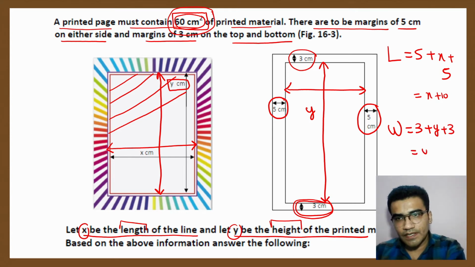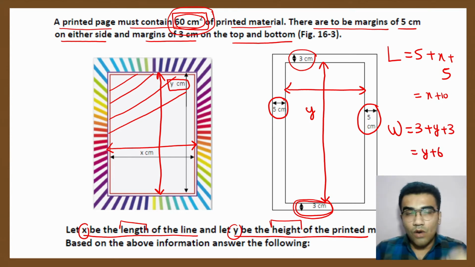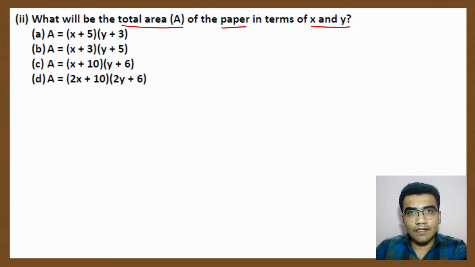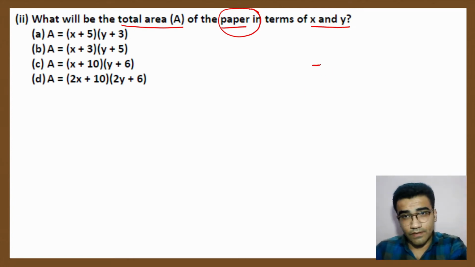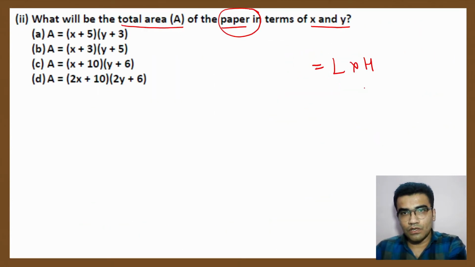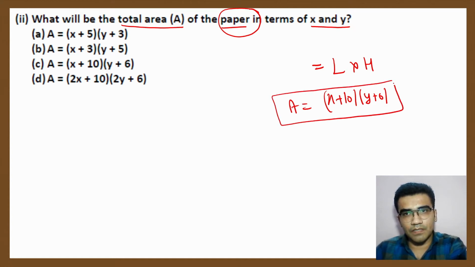In total we get y plus 6. Now the whole paper is also a rectangle, so the area of the paper is equal to capital L multiplied by capital H. Here capital H is this W, so capital L is x plus 10 and capital H is y plus 6. So the area is equal to x plus 10 multiplied by y plus 6.